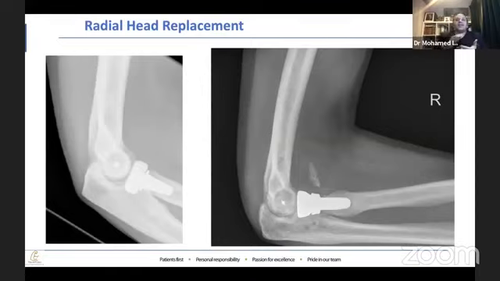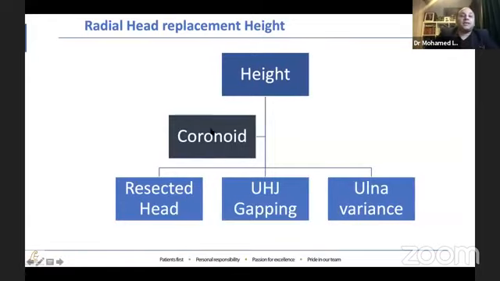It's usually a size smaller than what you have in mind. To gauge that, the best way is to look at the coronoid or the proximal radioulnar joint. When you size your radial head, look at the tip of the coronoid and the joint line of the coronoid. Your radial head shouldn't be extending beyond that line; it can be below it.